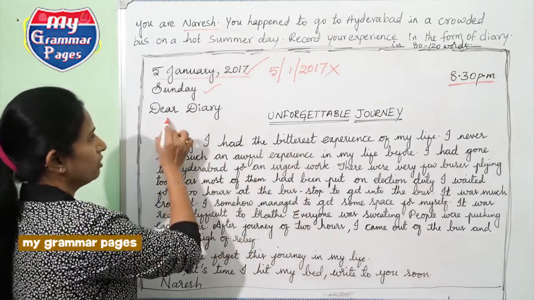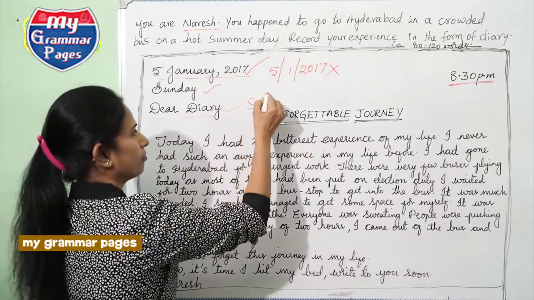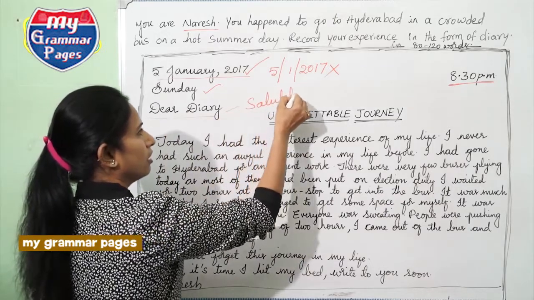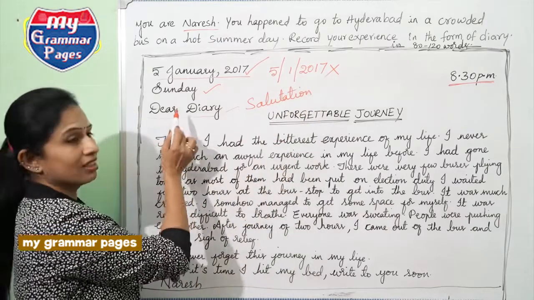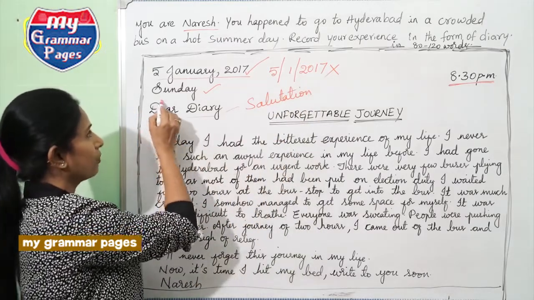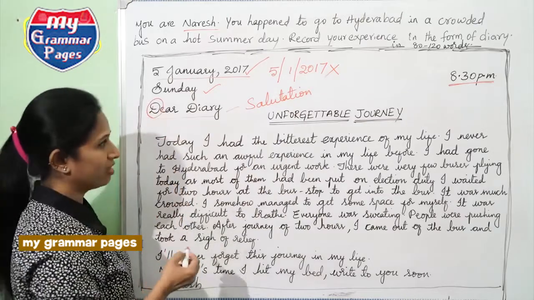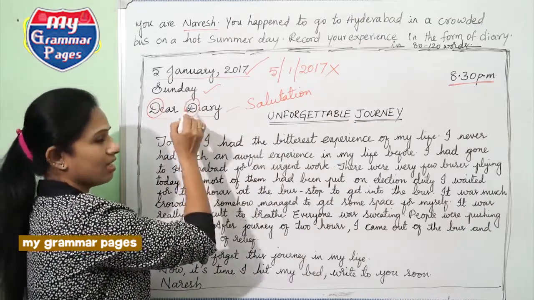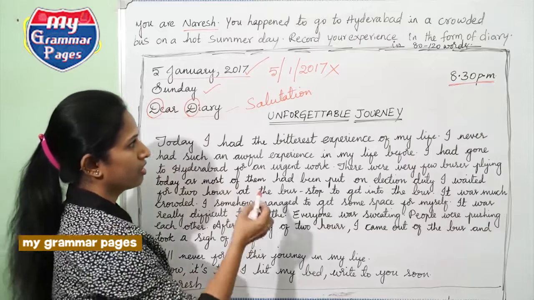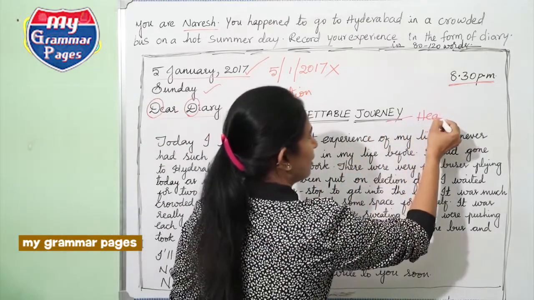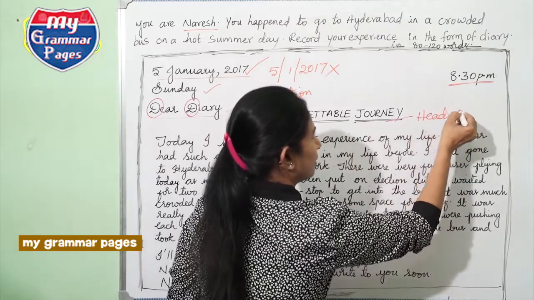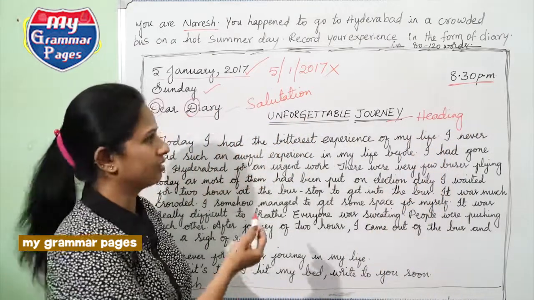Now, coming to the salutation. The salutation is, Dear Diary. I have taken the first letter D as a capital letter, and even in Diary, D as a capital letter. Now, this is the heading, as we discussed in the previous time.